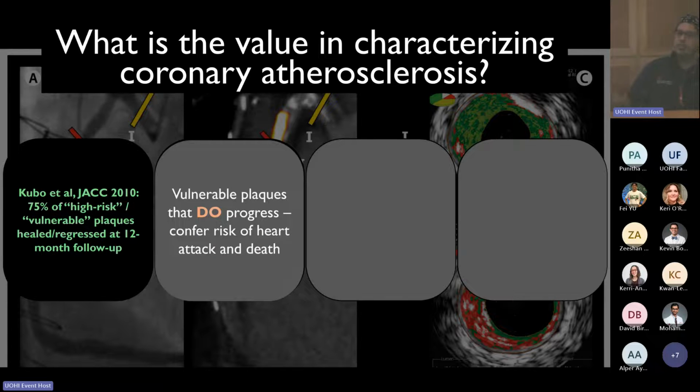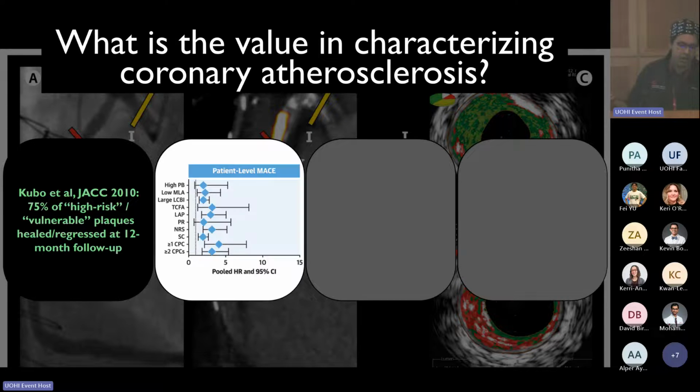There are plaques that do progress and have a higher risk of progressing, and those are termed vulnerable plaques, at least as far as this talk is concerned and what the literature would say. We call them high-risk plaques or vulnerable plaques. And they confer a risk of heart attack, death, and adverse outcomes. A large meta-analysis was published just at the end of last year, which looked at every study that's been done looking at high-risk plaque features and found indeed that if you pooled all of them together, there is indeed a hazard ratio.